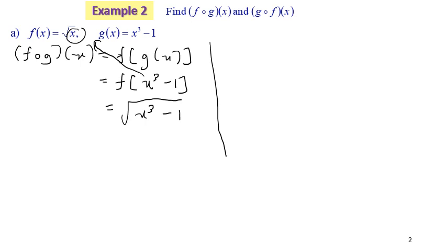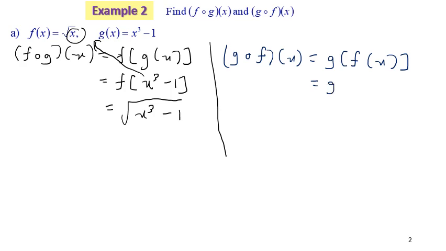Next, for composite function gf, also we can rewrite as g of f, and f will be an input for function g. So insert function f first, which is square root of x. So now square root of x we will insert into this x cubed, right?